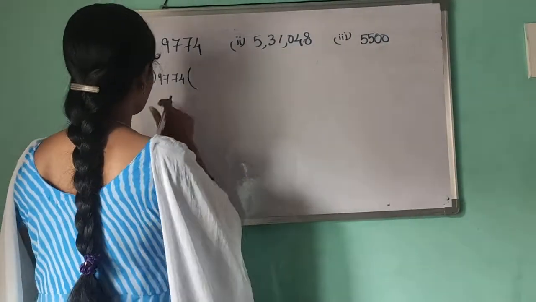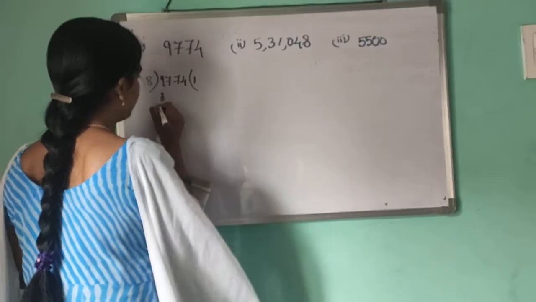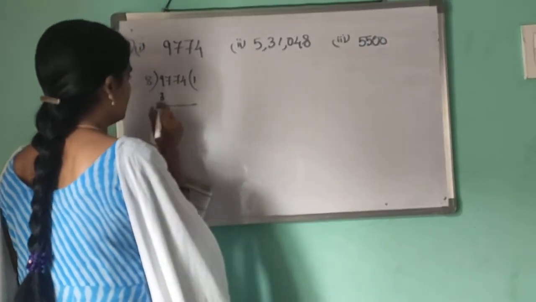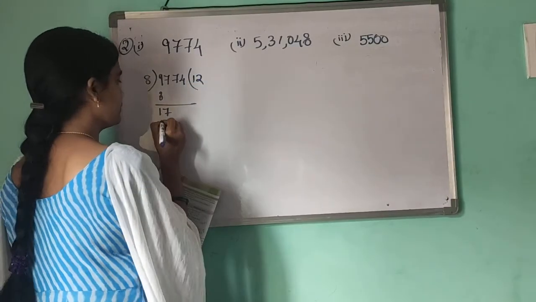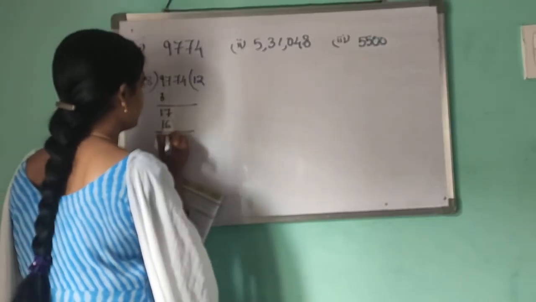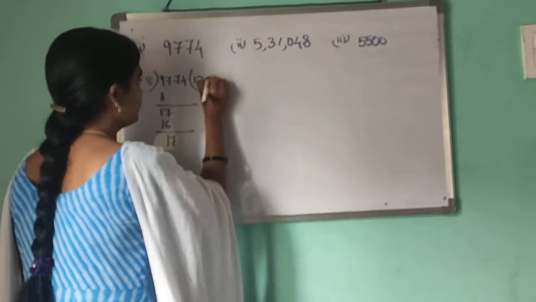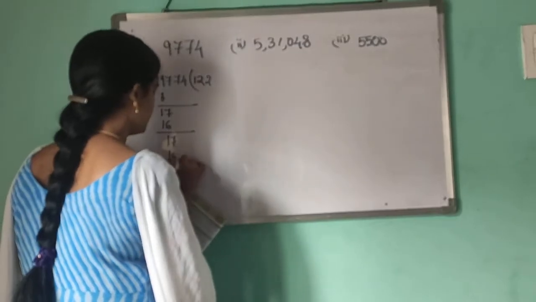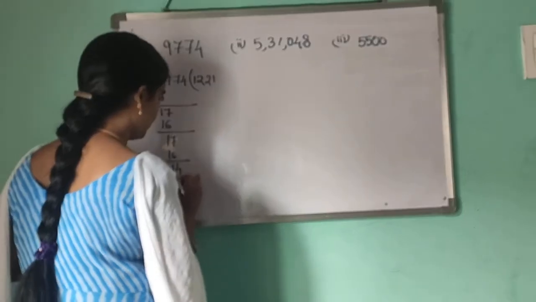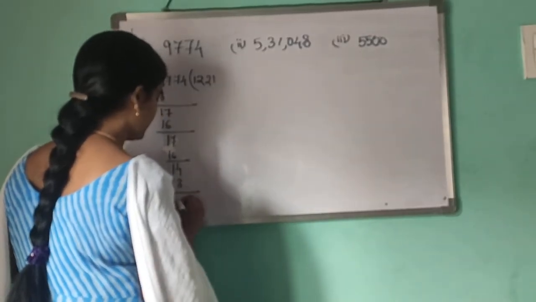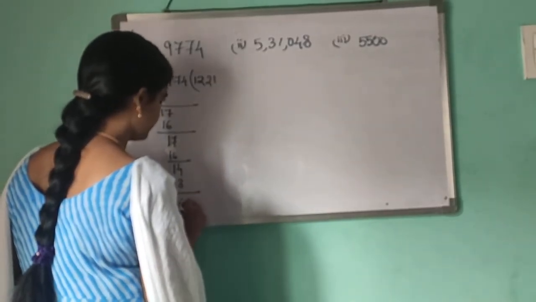Let's see. 1 8 is 8. Remaining 1 7. How many times? 2 8s are 16. Remaining is 1 7. 2 8s are 16. Remaining 1 4, 1 8 8. Remainder is 6.